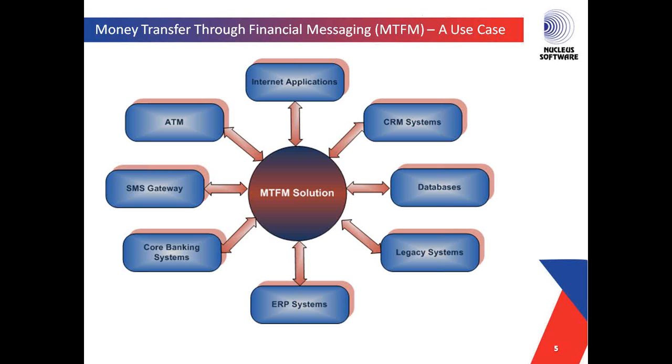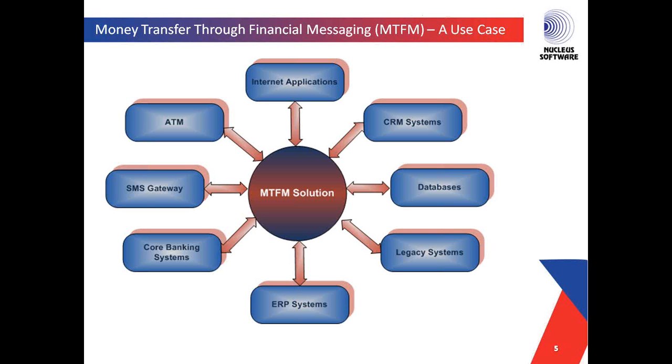So what we've seen in this illustration is that in any bank of a particular size, there will be a need for a common solution which is able to interact, interface, and talk to many other solutions, and thus be able to process financial transactions.